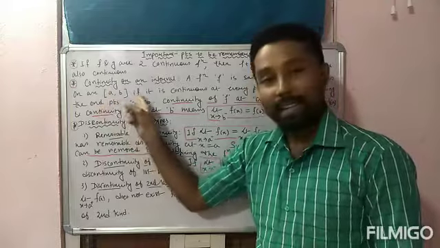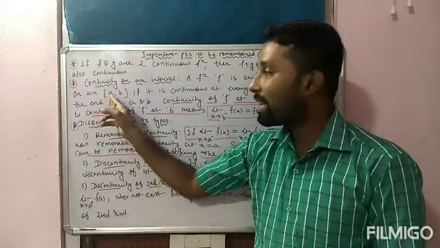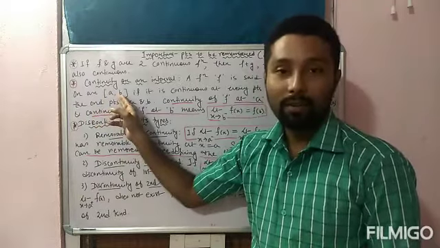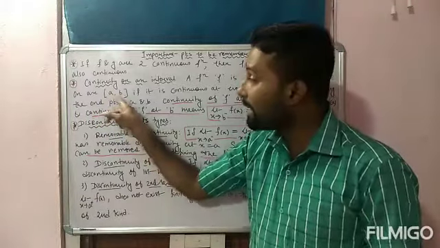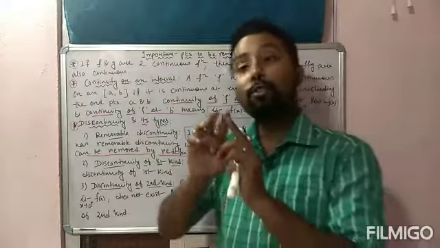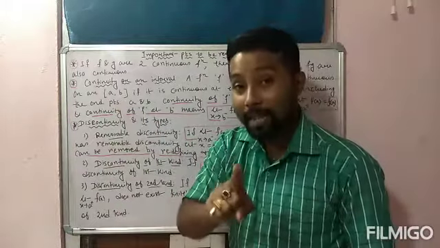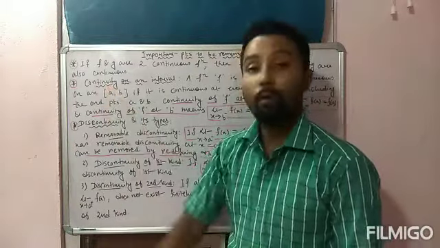This is a closed bracket, yes or not? This is a closed bracket. So on a closed interval a comma b, closed bracket means including these 2 points. Open bracket means excluding those 2 points. So here I have given a closed bracket, so that means we can include these 2 points.